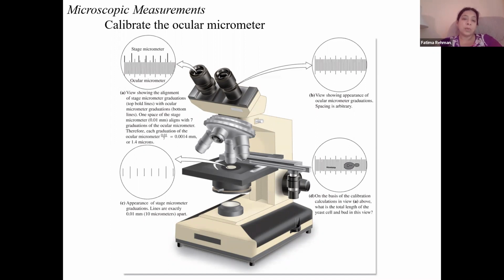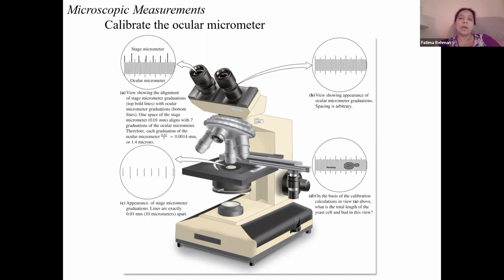Now, these lenses have different names based on their qualities and based on what they are used for. What is the smallest magnification lens called? So the 4x objective lens. Anyone remember the name for it? Scanning objective lens, good job.